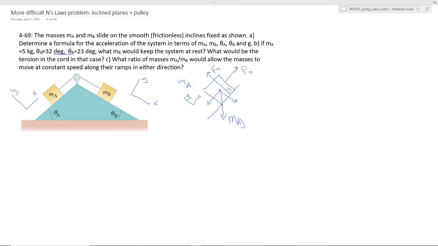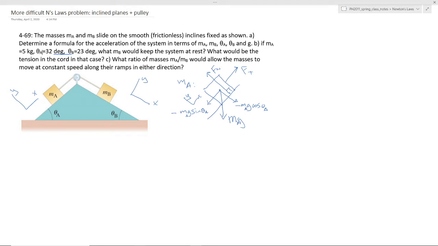So the y piece is going to be cosine theta A, and the x piece would be sine theta A, and actually these are both times MA g. It's also important to note that these are both negative.